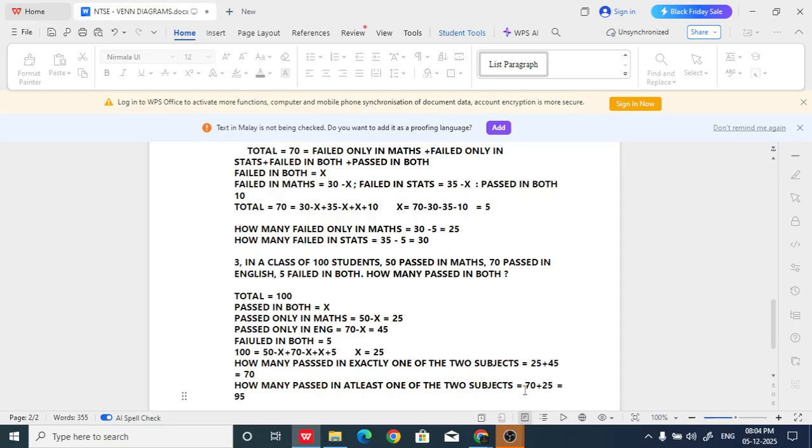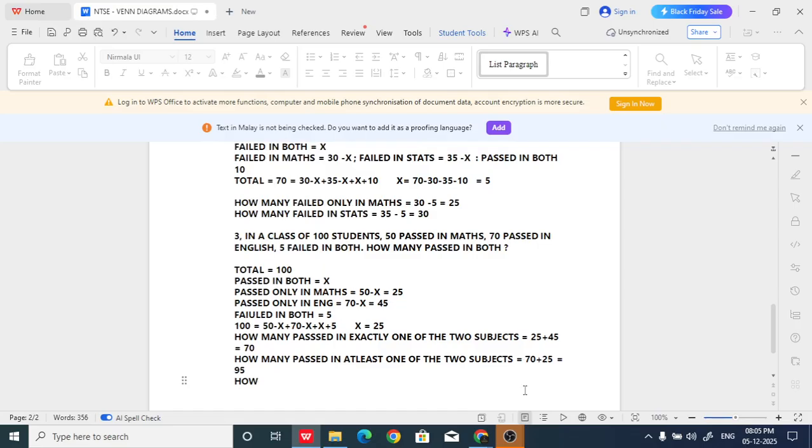Okay. Now the question is, how many students failed in at least one subject? Here, the formula can be total minus the number of students who passed in both.